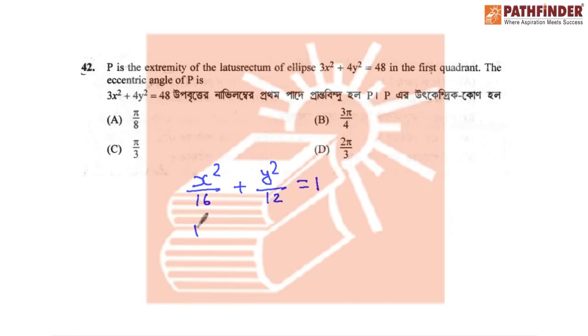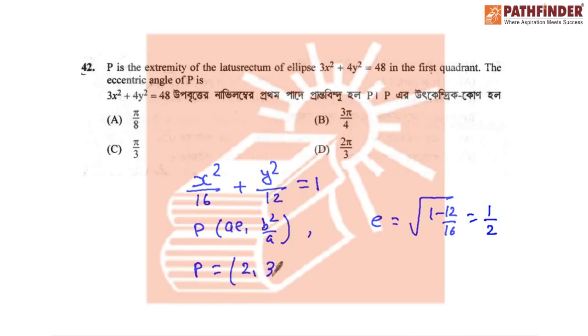Since P is (AE, B square by A), E is equal to root over of 1 minus 12 by 16, which is equal to 1 by 2. So P is equal to (2, 3), or A cos theta is equal to 2, or cos theta equal to 1 by 2. So theta is equal to pi by 3, given in option C.